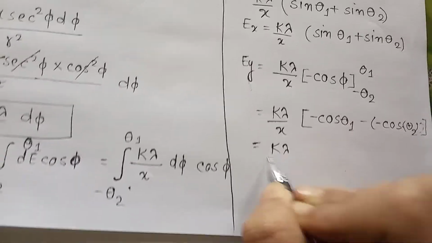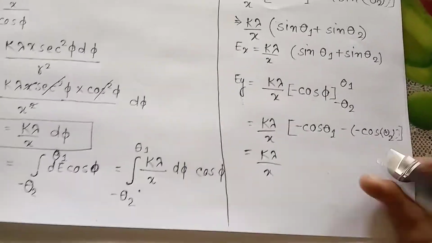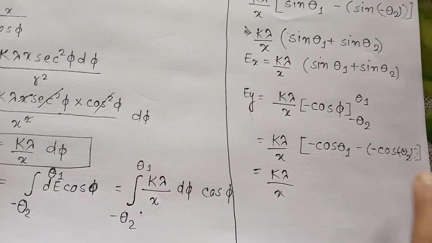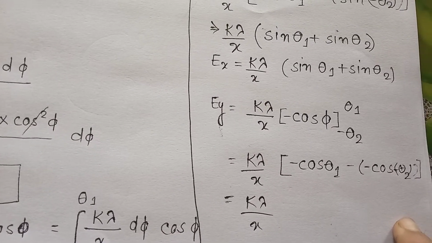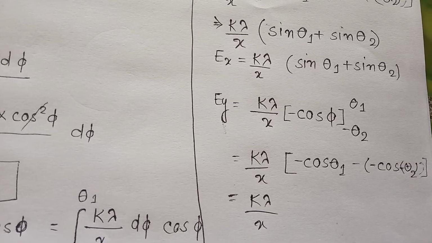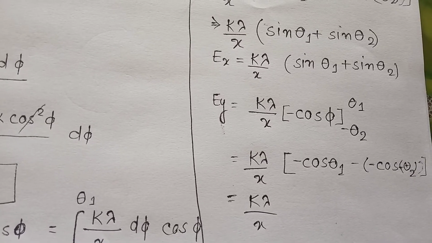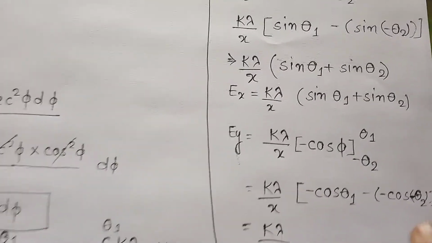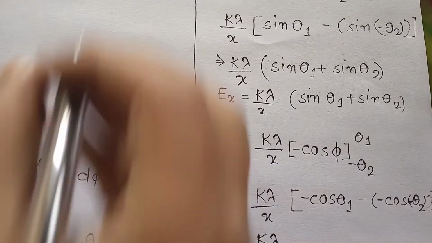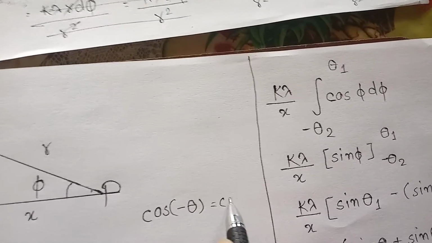In the cos, the minus inside the angle is not very important, like we can write cos minus phi as cos phi.